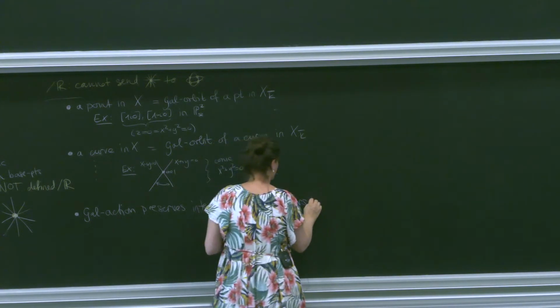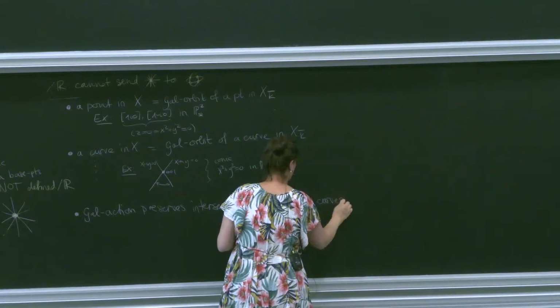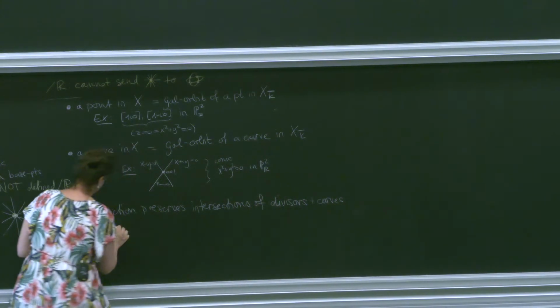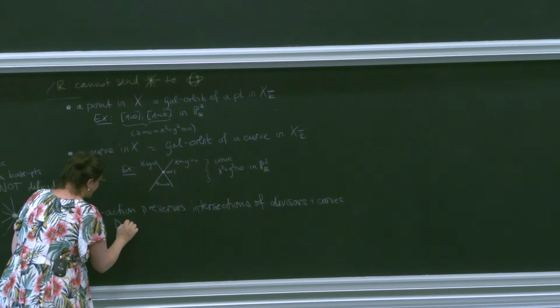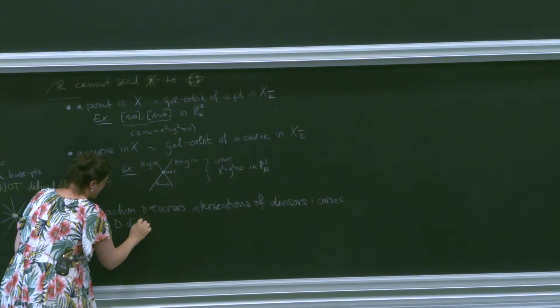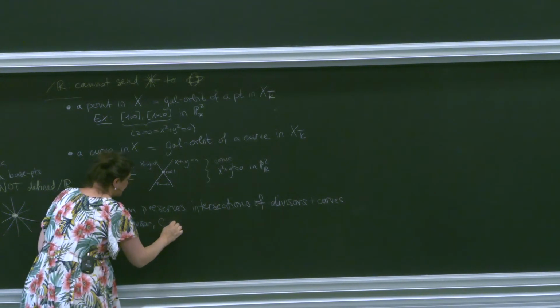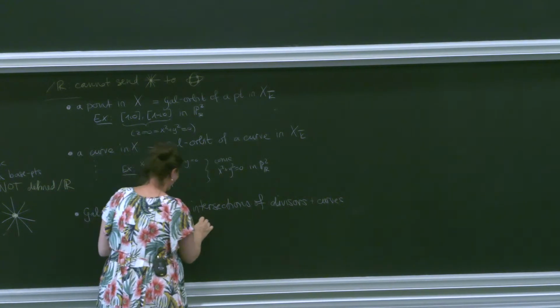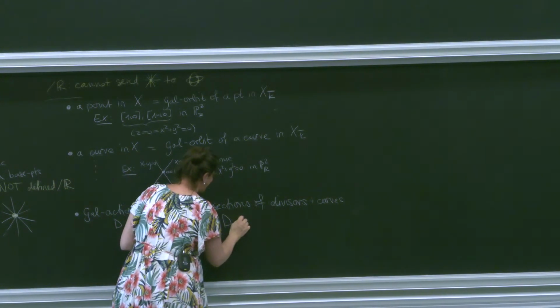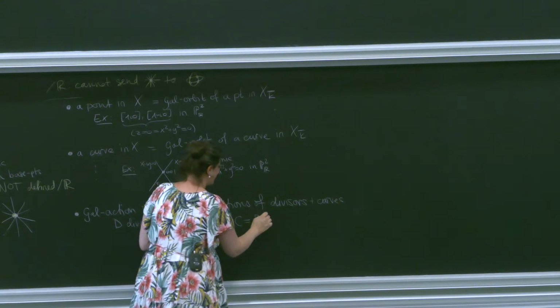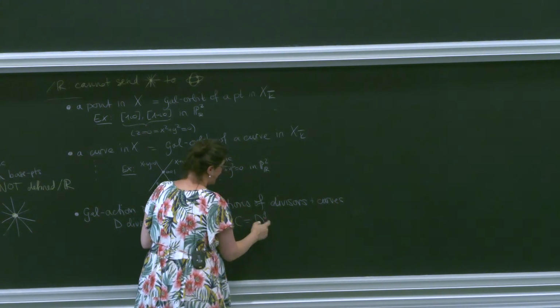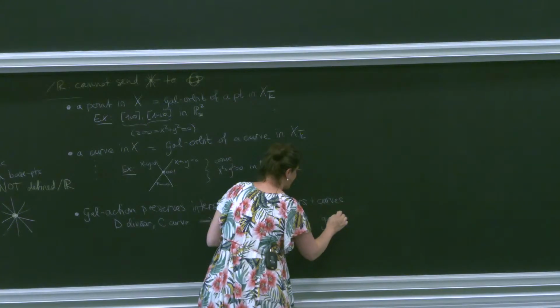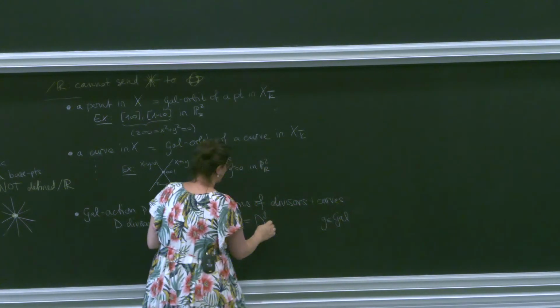Sorry, and curves. So if I have a divisor D and a curve C, then I have D times C is D^g times C^g, for g an element in the Galois group.